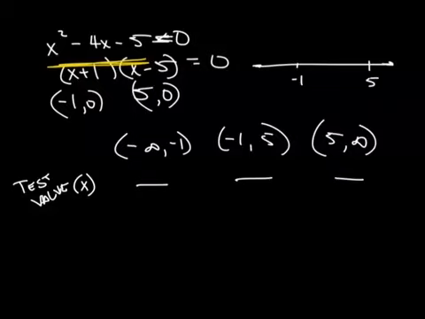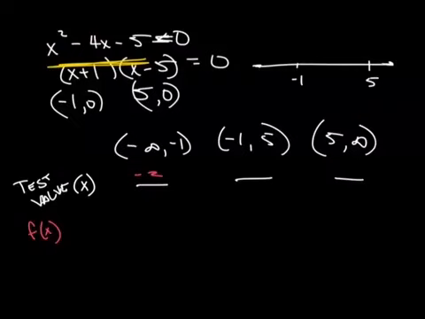So something between negative infinity and negative 1. Let's put a negative 2 in there. So my f of x, or my y value, when I put a negative 2 in there, again, I don't care what the value is, I just want to know if it's positive or negative. So when I put negative 2 in here, I get 4 minus negative 8, so 4 plus 8 is 12, minus 5 is 7.